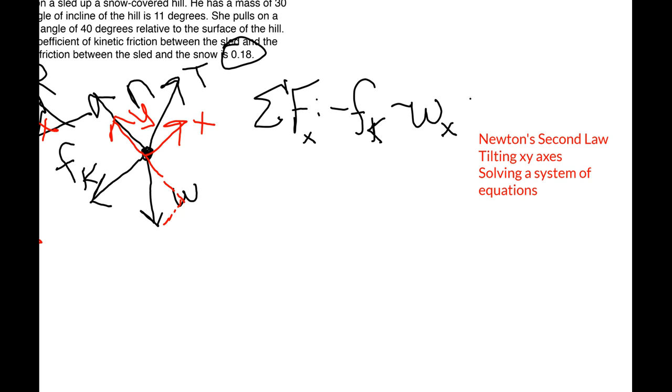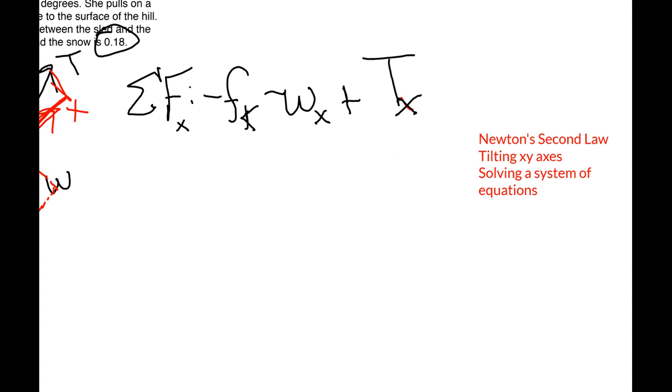And then we've got a positive component of the tension. The tension also has both X and Y components, as you can see. We've got a horizontal component and a vertical component. So I'm going to call this T sub X. And this is all equal to MA.